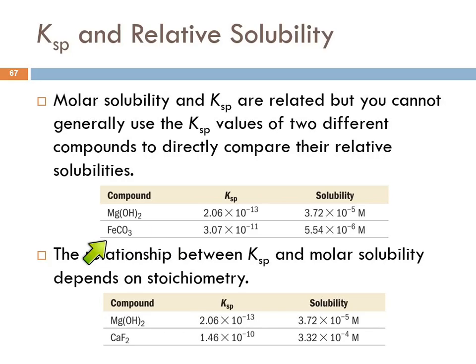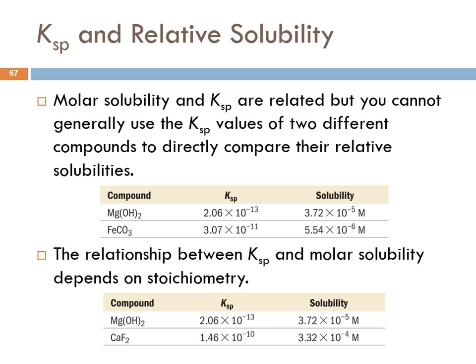The iron carbonate, because it has the larger KSP. But if we look at molar solubility, which one's more soluble? The magnesium hydroxide. Yes, it's because of the stoichiometry. Because this is Mg(OH)2, and that figures into the KSP.